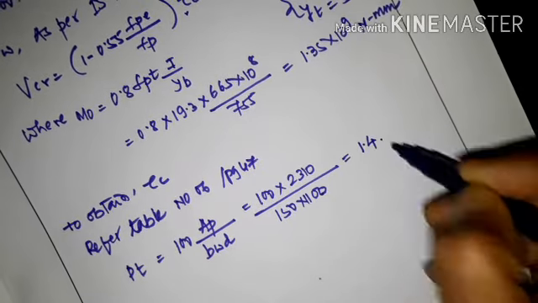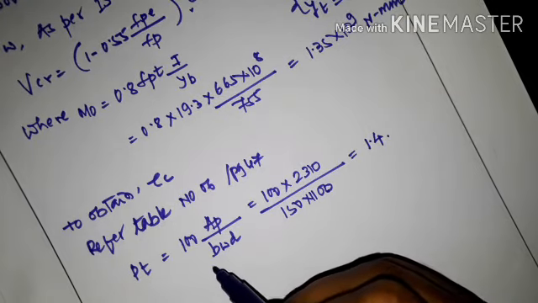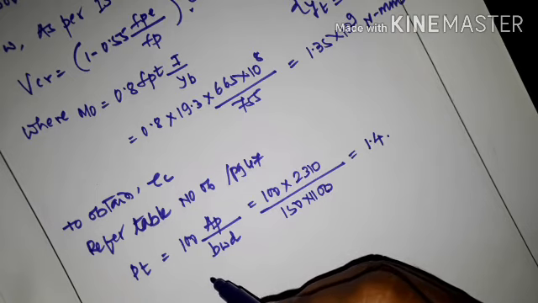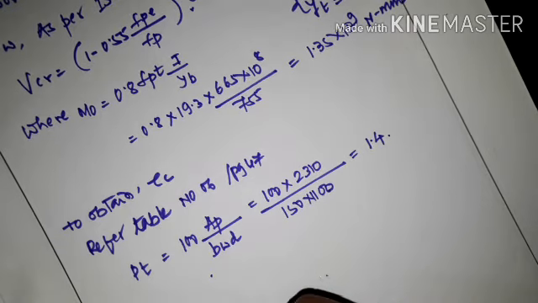So that is 1.4. Here it is BW into D, because the shear will be resisted by the web part.